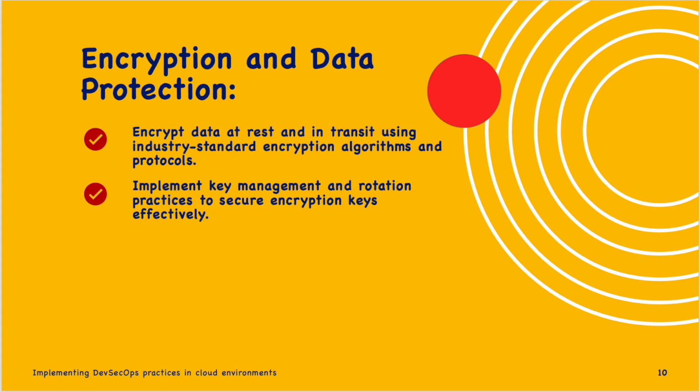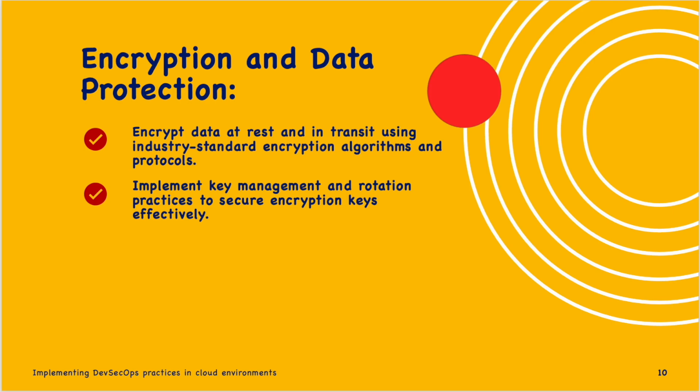Now, let's jump on to encryption and data protection. Very important topic. Industry standard encryption algorithms, key management, and rotation practices are essential components of data security strategies, helping organizations protect sensitive information from unauthorized access and ensure the confidentiality, integrity, and availability of data.